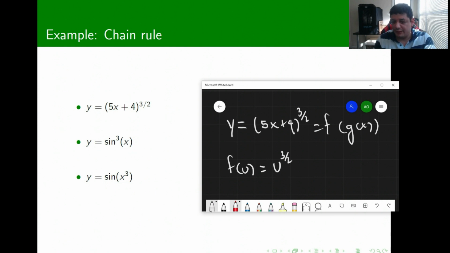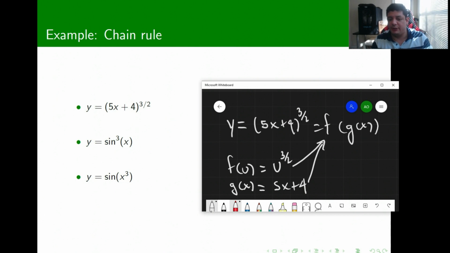And now the function g of x is going to be the function 5x plus 4. And so notice that the composition between these two functions is going to produce f of g of x.